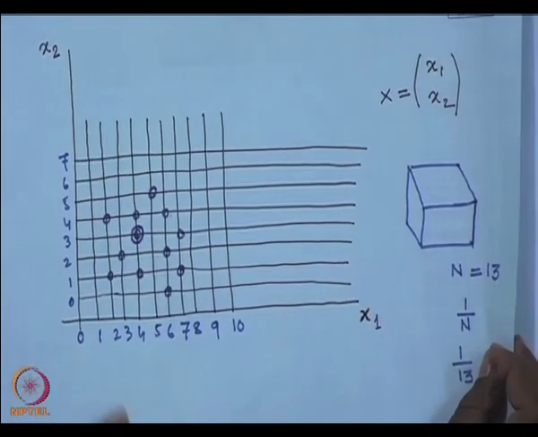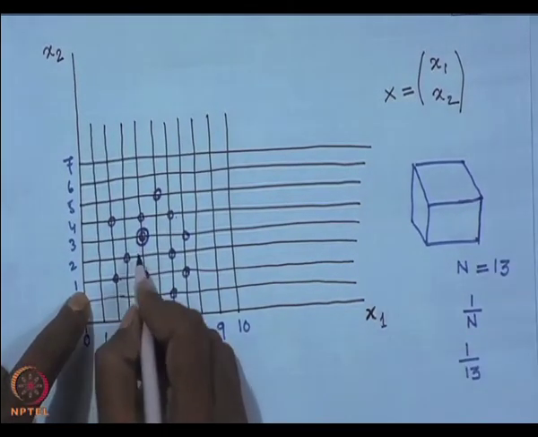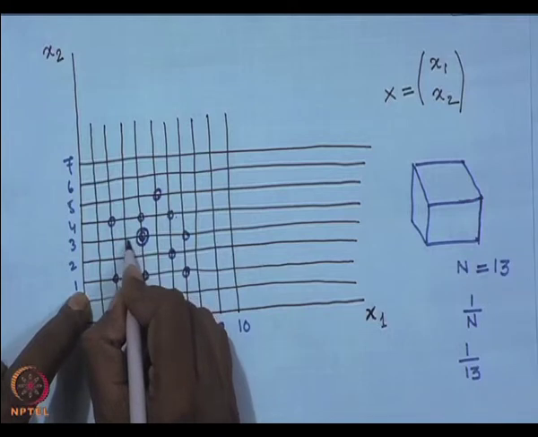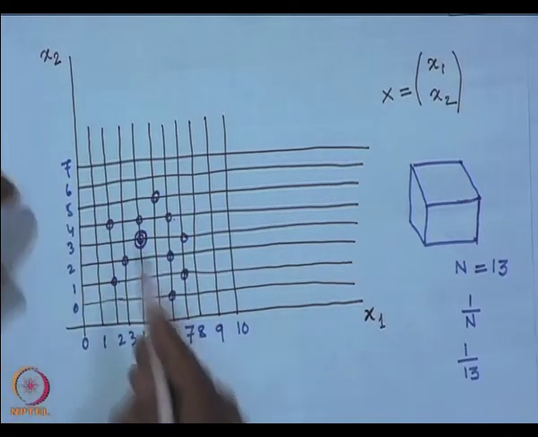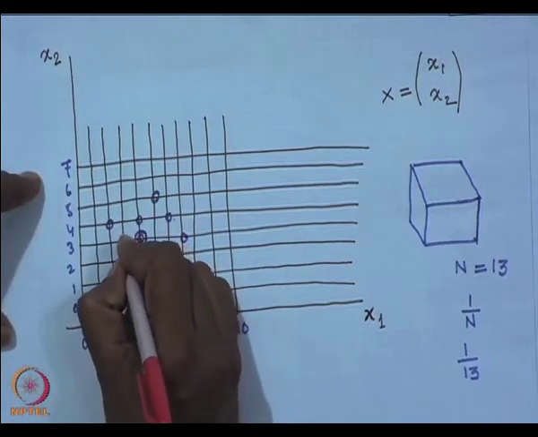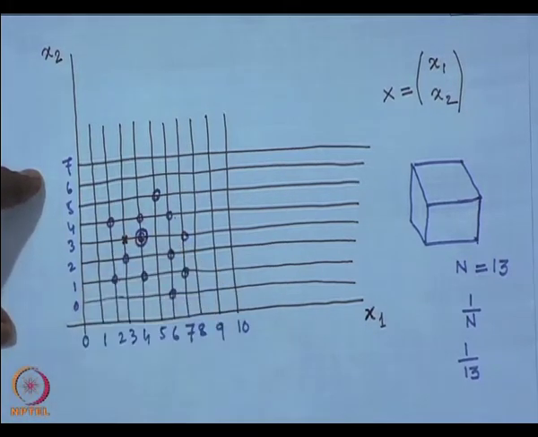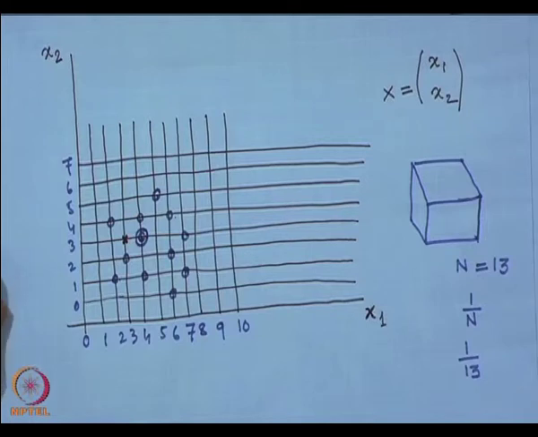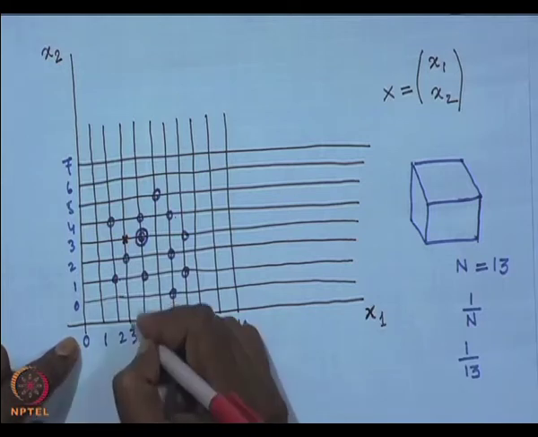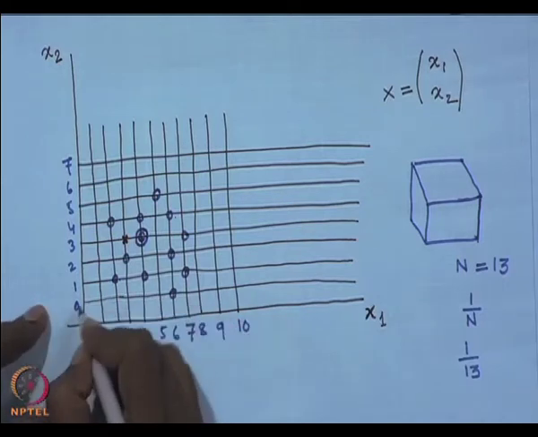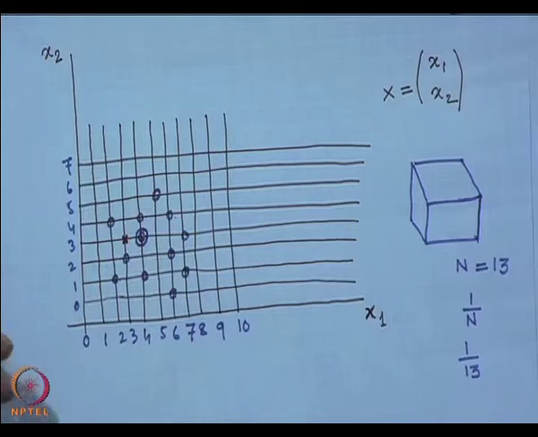Now, from this, suppose I have to estimate the probability density at, let us assume, this location. Here I did not have any sample. What is the probability density at this location? Okay. So, we find that this location is, sorry, here I have made something wrong.